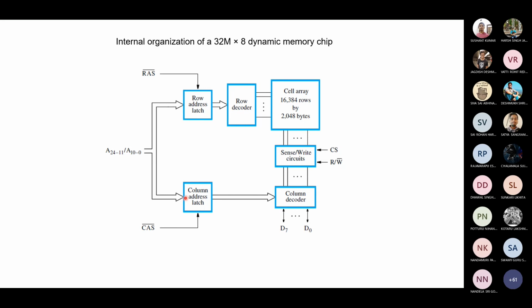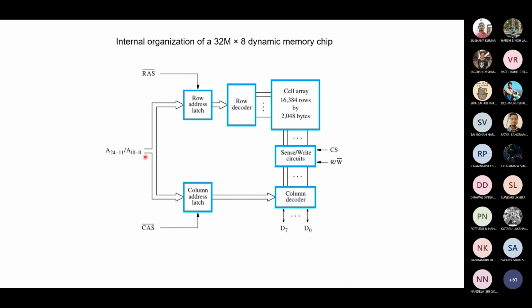So as if the address is locked using this RAS and CAS. So once this is locked, then unless you reactivate this one, no new value will go. So even if these values change, it doesn't affect. So these are the latches. The rest part looks same.